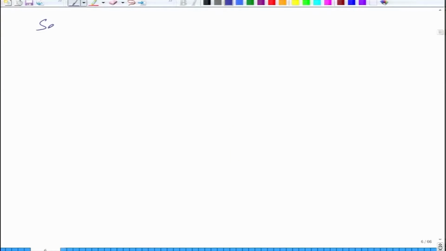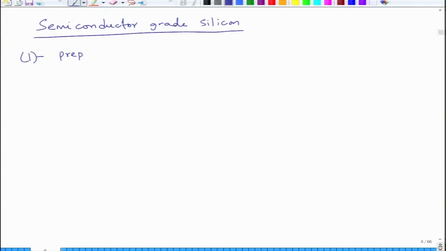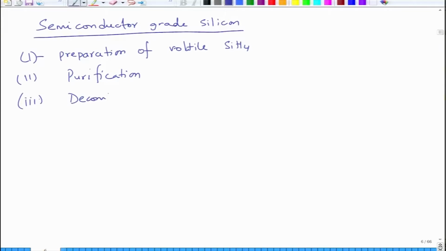So, the semiconductor grade silicon is made by, from this silicon that we obtain, making first volatile silicon hydride SiH4, then we purify it, then we decompose this to elemental silicon, and then we go to byproducts.